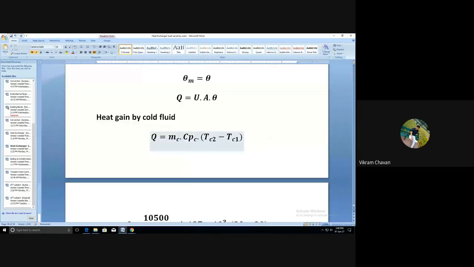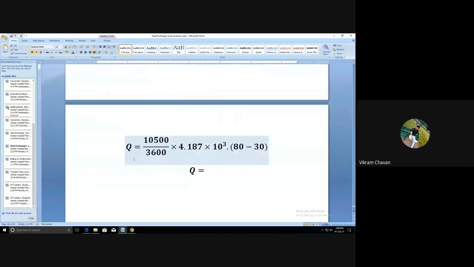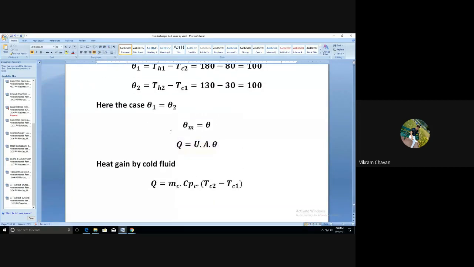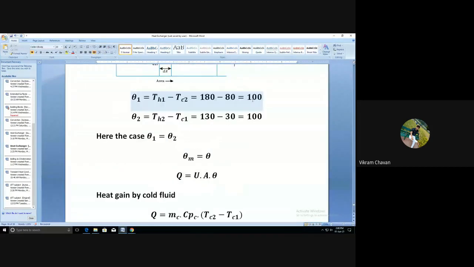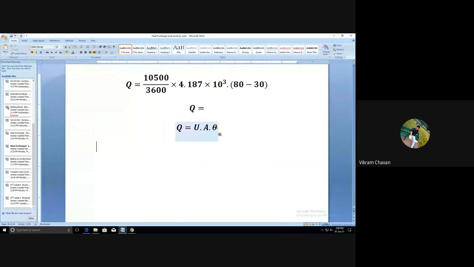We know that Q is equal to U multiply by A multiply by theta. Once you calculate the Q value, then the U value, the overall heat transfer coefficient, is provided as given data, and theta we have considered, as this is the case of theta1 equal to theta2, so theta m will be equal to theta, so we have to consider 100.